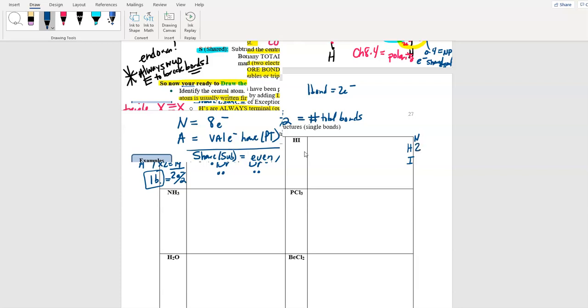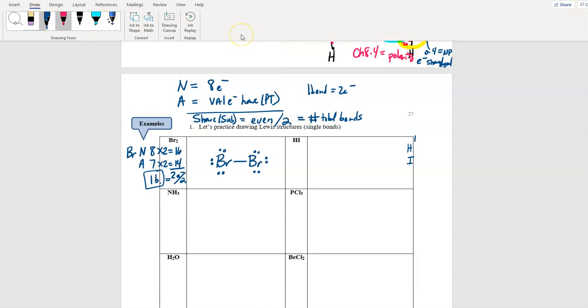He doesn't need 8. Sorry, I want to show that a different way. You'll see why. I'm going to put my symbol for hydrogen and my symbol for iodine on top instead. Hydrogen needs 2. Iodine needs 8.